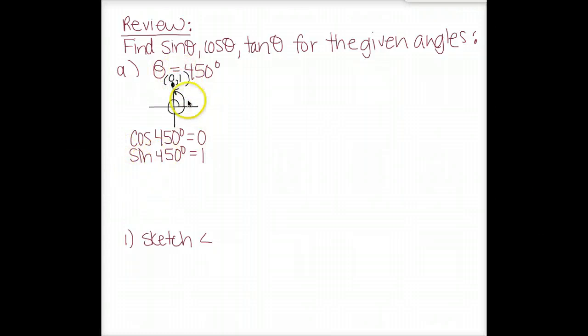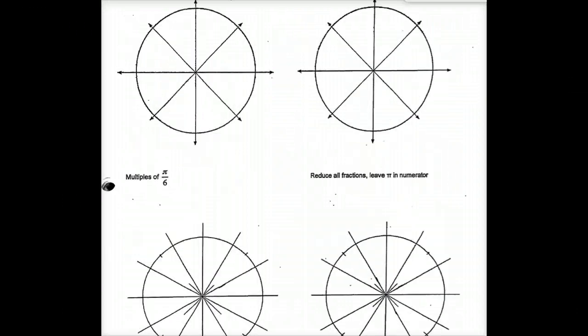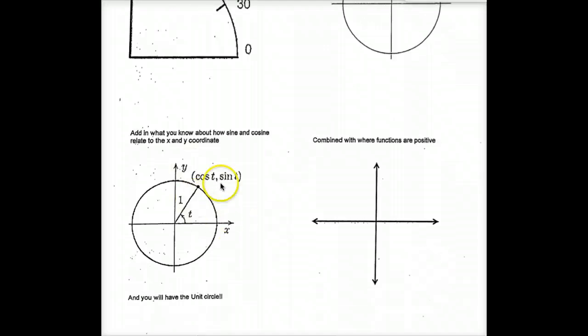Now, what we had said in the last lesson, one of the things that we filled out on the back of this worksheet down here, we had written that the tangent of the angle is y over x, or sine of the angle over cosine of the angle.